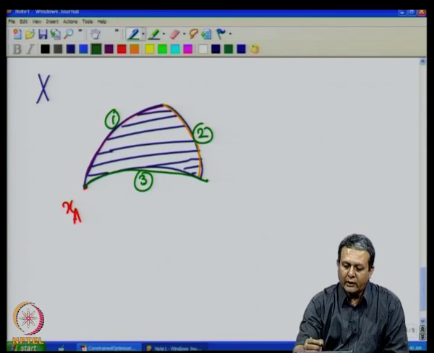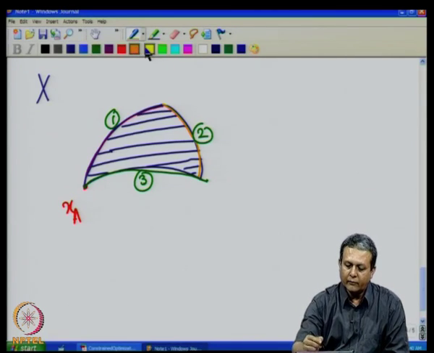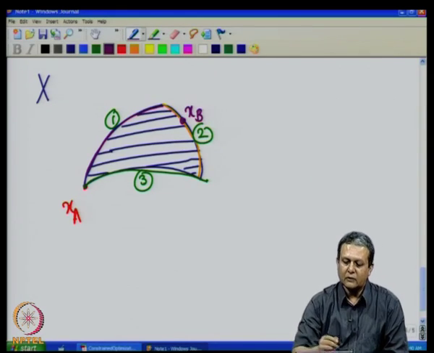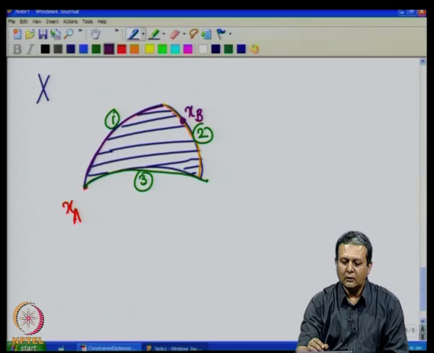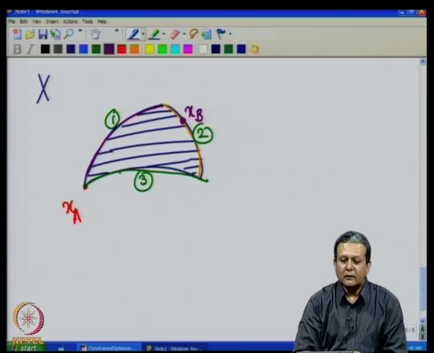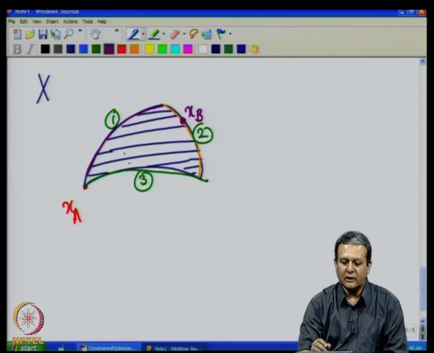Now let us take another point x b, which is also a feasible point. At the point x b the constraint 2 is active. Even if we move the constraints 1 and 3 a little bit, the point x b is not affected by a slight perturbation of the constraints 1 and 3.